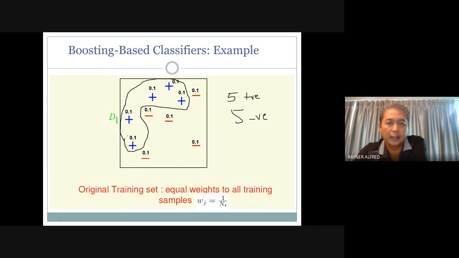Then this belongs to the positive. This one will belong to the negative one. Okay, so the weightage will be 1 over 10 here because we have 10 documents, right? So each one of them will have 0.1. Okay, 0.1.